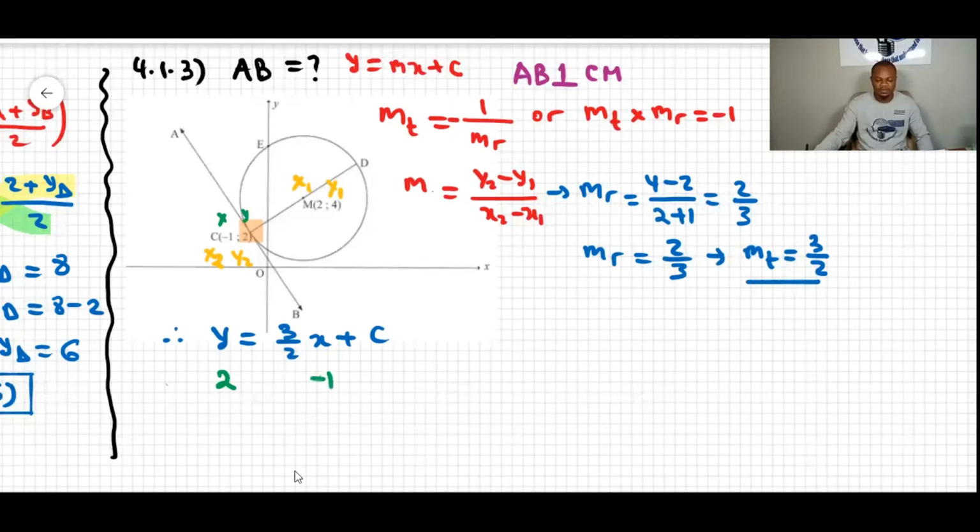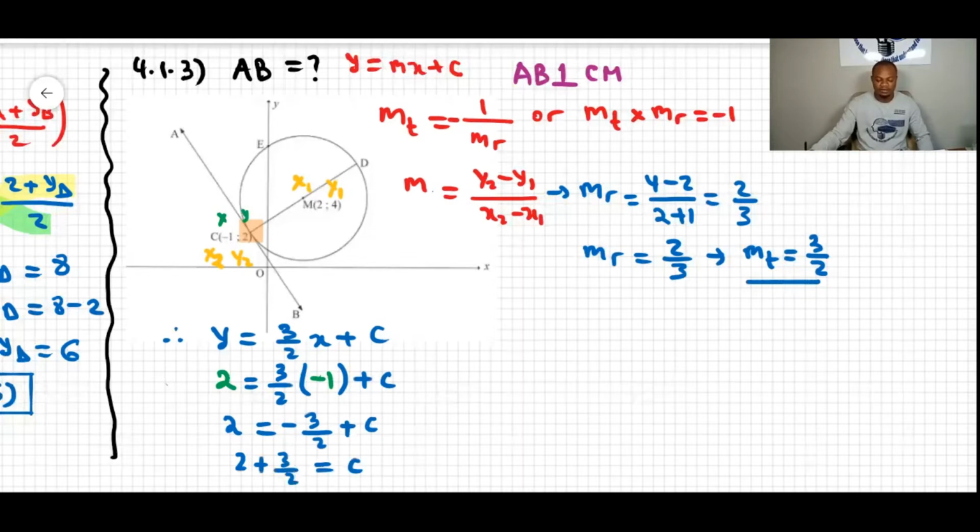This will be 2 equals 3/2 times (-1) plus c, and that makes 2 equal to -3/2 plus c. Then if I move the 3/2 over, this will be 2 plus 3/2 equals c.